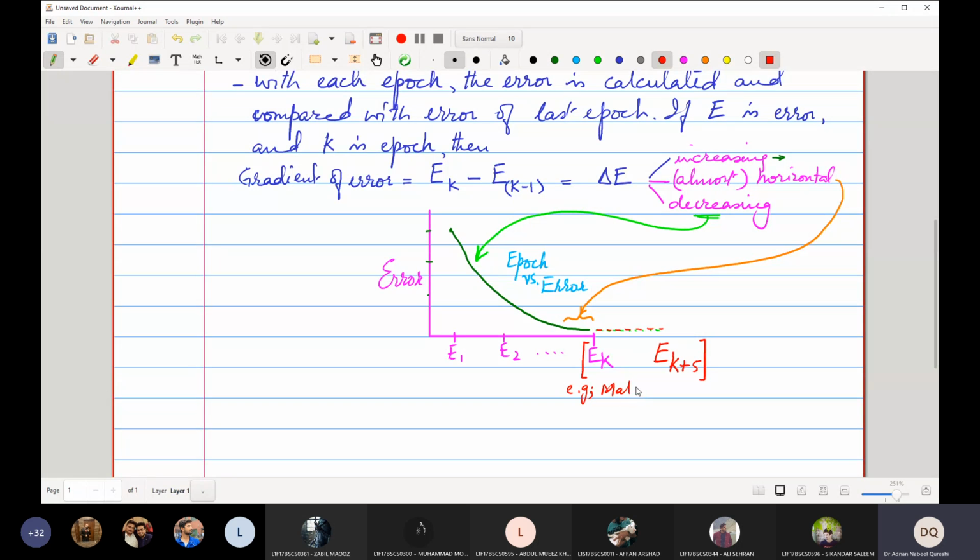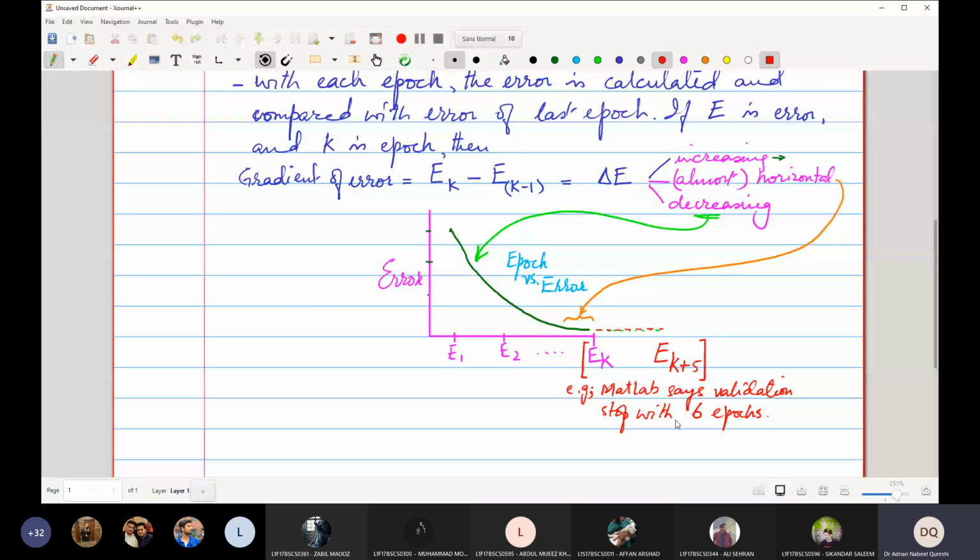MATLAB has validation stop with 6 epochs. This is just the default.